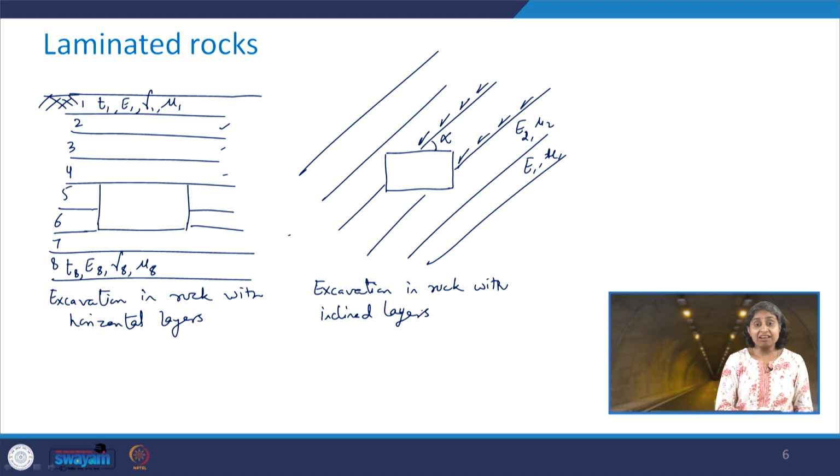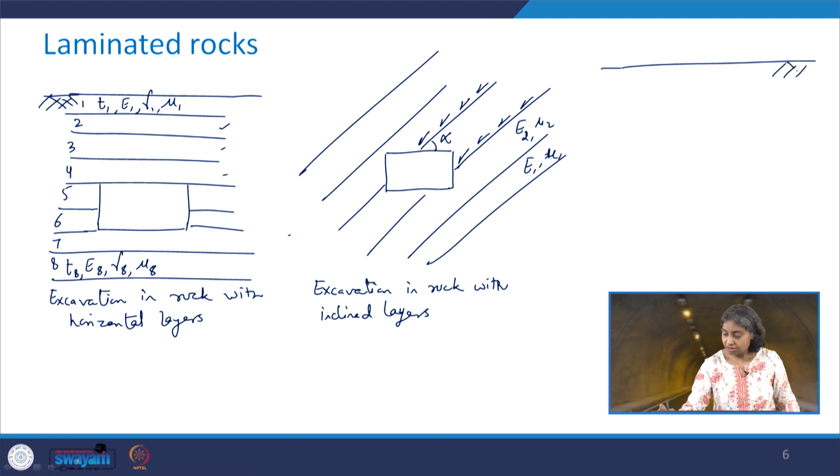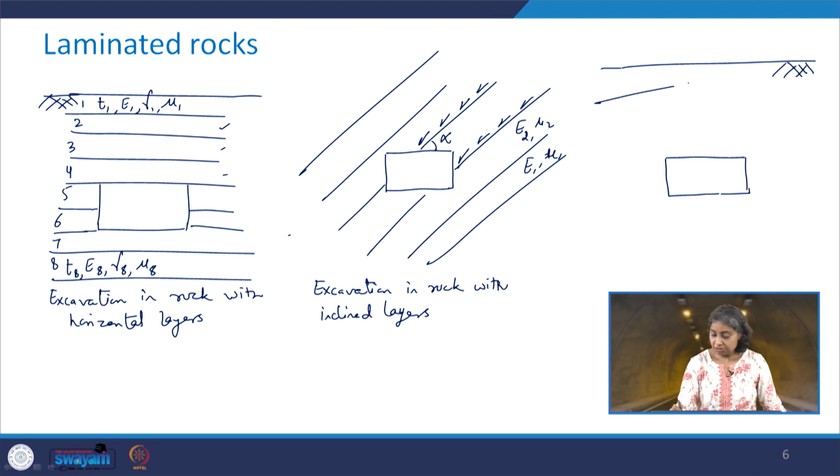Or you can have a random situation. Let us say that here it is your ground surface, and then you have an opening here. So, maybe you can have different types of joint planes. Maybe here this is alpha 1 and this is alpha 2.